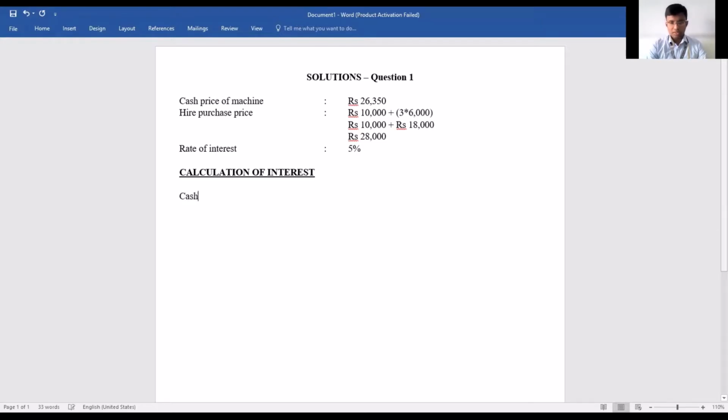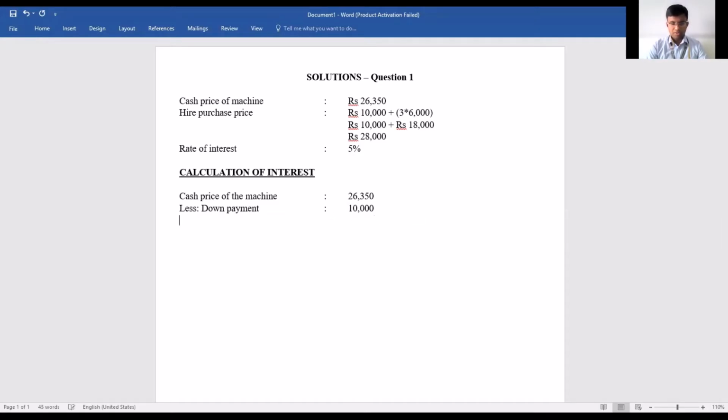So let's start off with cash price of the machine, which is 26,350, less down payment. How much is down payment? Down payment here is rupees 10,000.